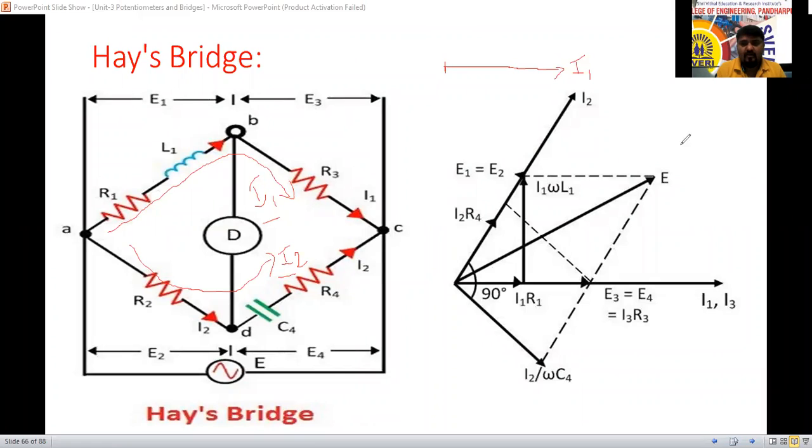So comparing, I1 is related to the inductance and I2 is related to the capacitance. Which current is leading? Which current is lagging? Can anyone tell me?